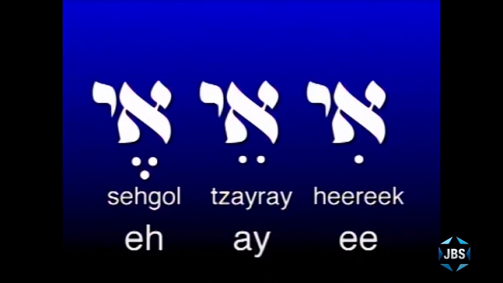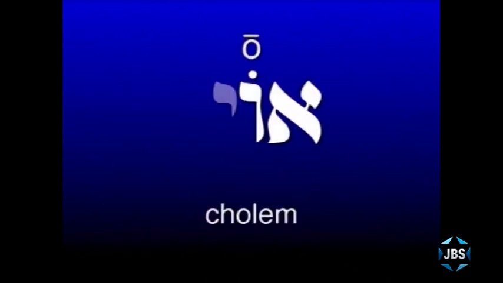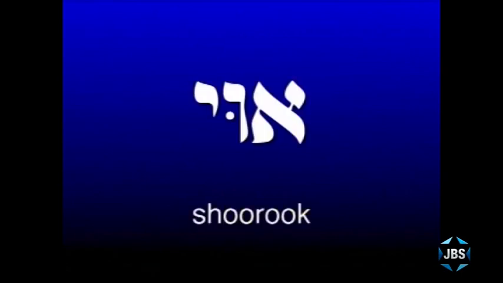You can add a yud to all of these vowels. If you add a yud to the hirik, it stays ee. If you add a yud to the tsere, it is always ay. And if you add a yud to a segol, it is always eh. If you add a yud to an o, to a cholam, it is oi. If you add a yud to a shuruk, it becomes ui.